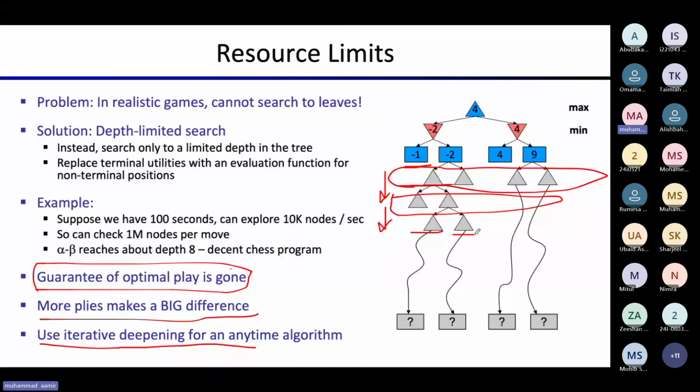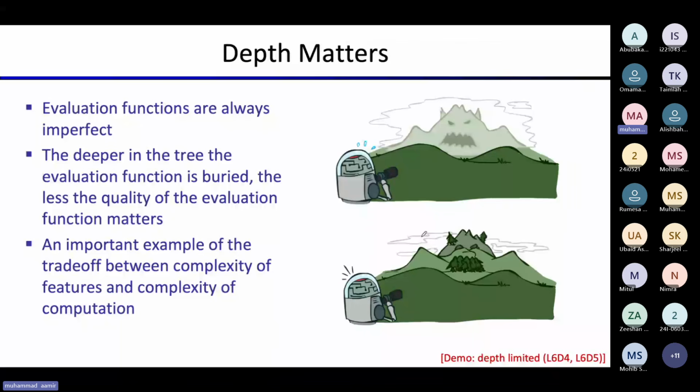So evaluation functions are always imperfect. Because these are estimated utility functions, of course we can say that these are imperfect. The deeper in the tree the evaluation function is buried... yes, this is a very good point.